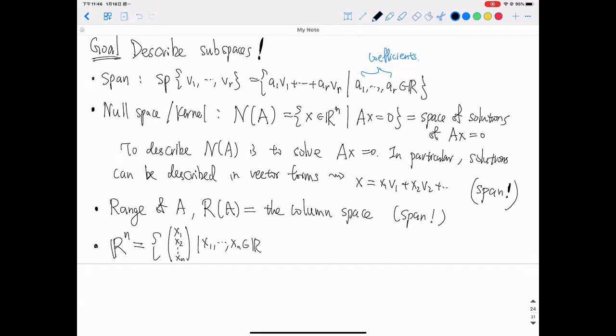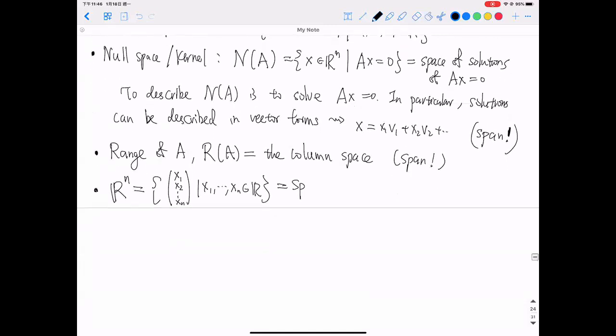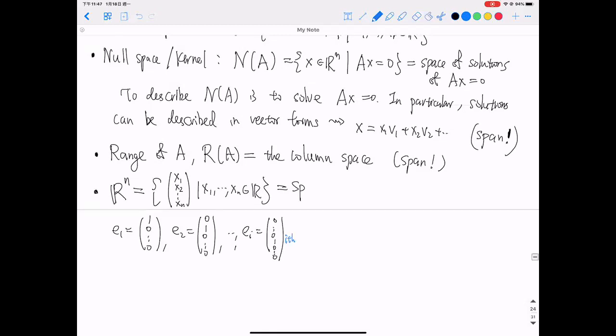You remember these vectors: e1 being 1, 0 everywhere, e2 being 0, 1, 0 everywhere, namely ei being 0 except for the ith place being 1, for each i.